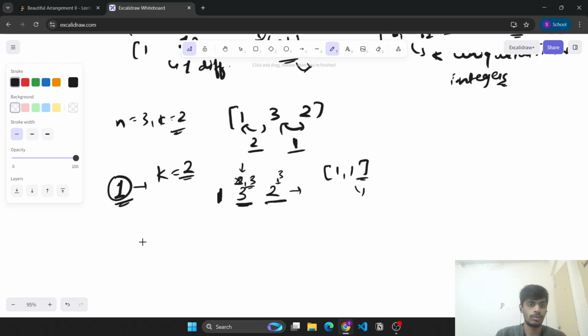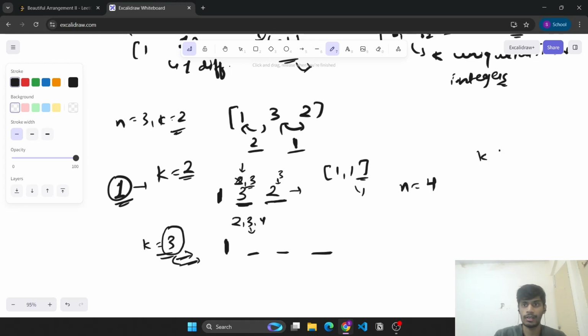Suppose we had k equals 3 and we fixed 1 here. Now we need to fill 3 positions. Possible numbers for this are 2, 3, 4.